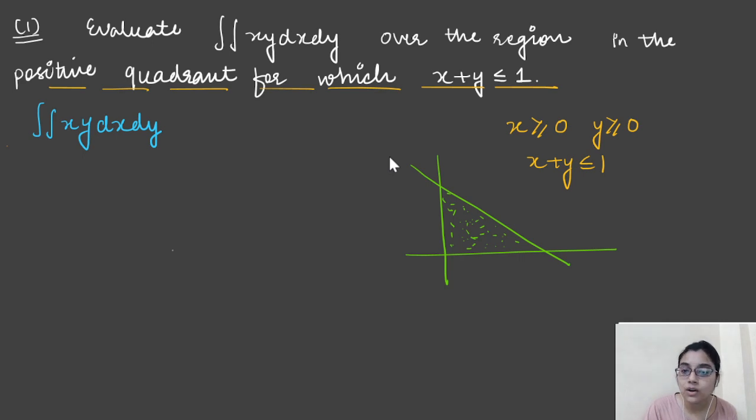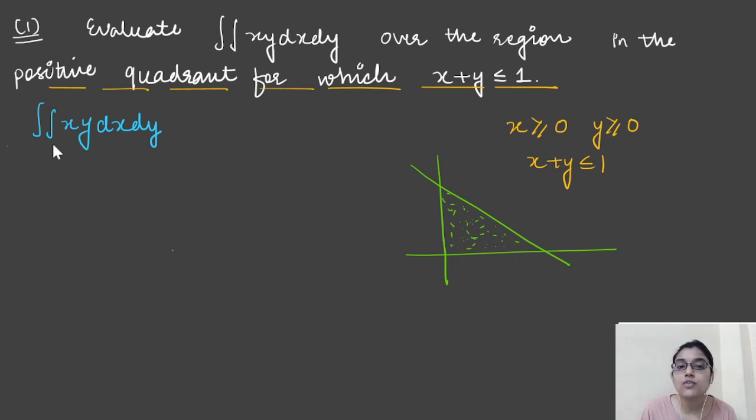But later on, once we practice a few more questions, you will understand there are a few questions where we are able to find the limit of x in terms of y and also the limit of y in terms of x, but one of the calculations is going to be simpler and less time taking, and the other one is going to be lengthier and time taking. But this you will learn as we practice the questions.